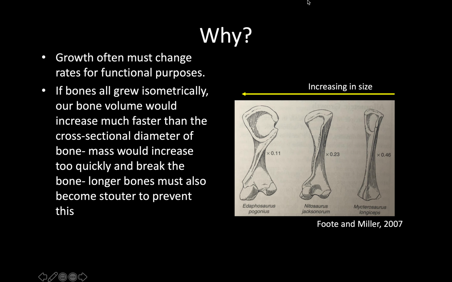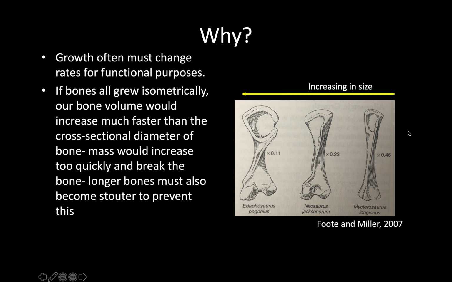Now, why do we have these changing growth rates? A lot of the times, as we said earlier, it has to change for functional purposes. If our bones, human bones or any vertebrate bones, grew isometrically, our bone volume would have to increase much faster than the cross-sectional diameter of the bone. The mass would increase too quickly and it would break. So here what we have are 3 different bones.